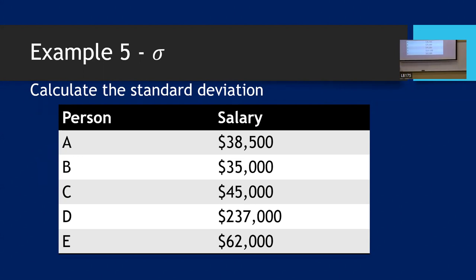Now we can do the same thing with any set that we choose. So even if I want to take this set, I could find the standard deviation of this set.